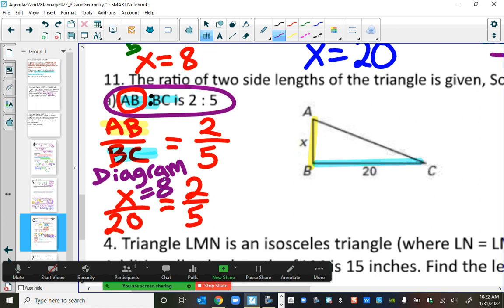In the end, we did a problem similar to this. 5 times X, 2 times 20.